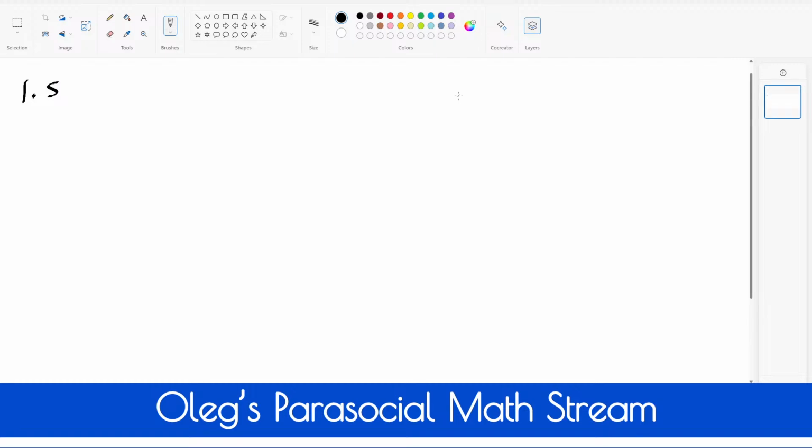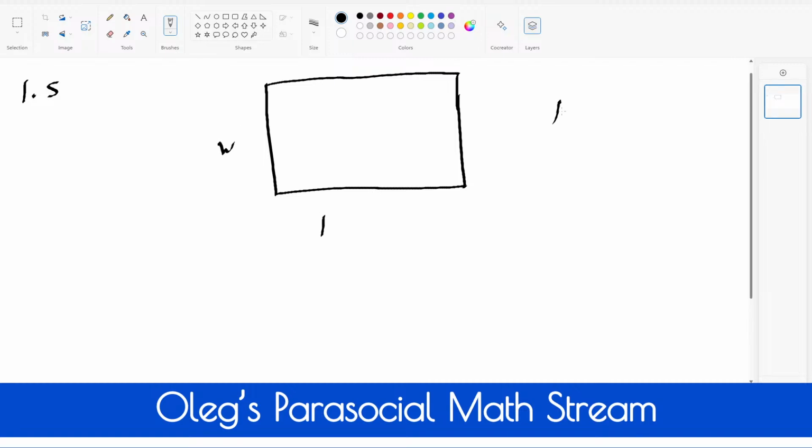So this is going to be length times width. So A equals length times width, right? We're going to say this is 10x and this is 6x. Then we have a couple of areas that are occupied here. This is 4 by 4.